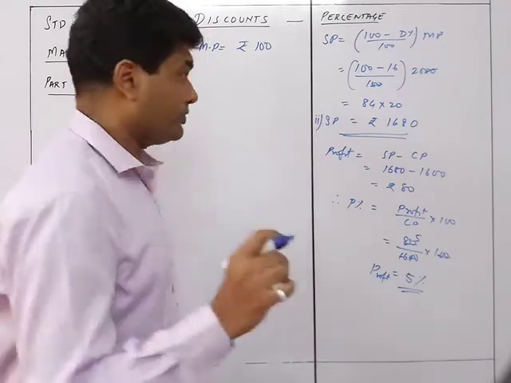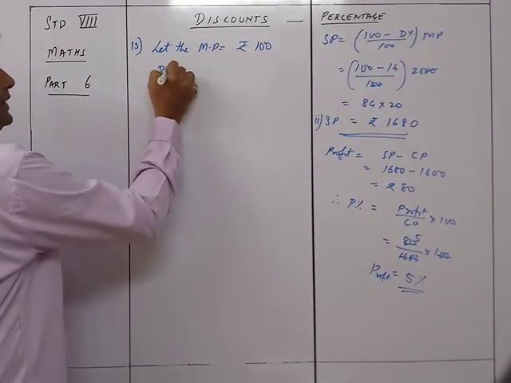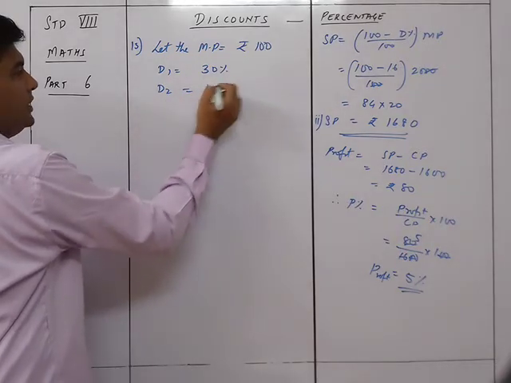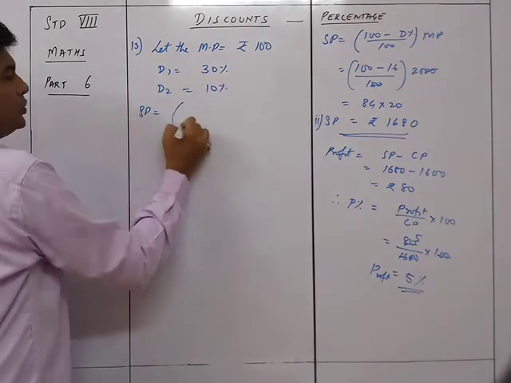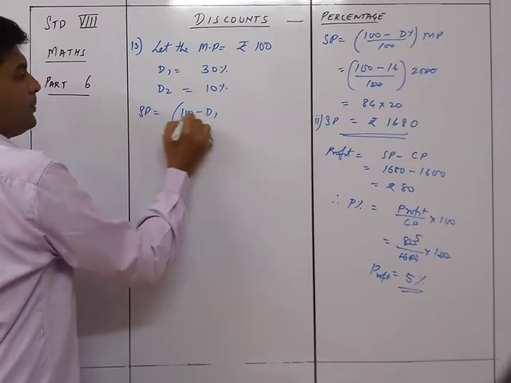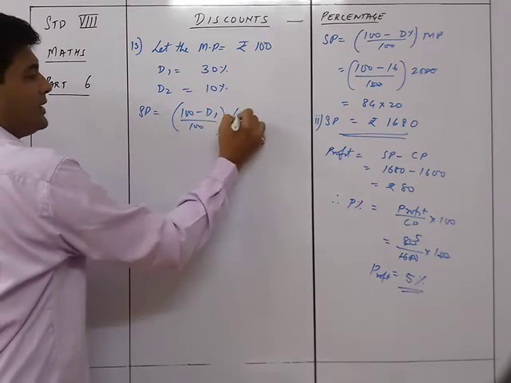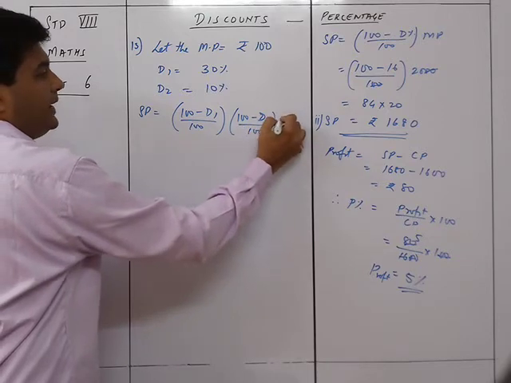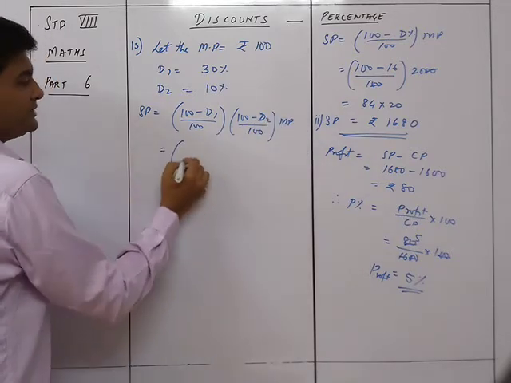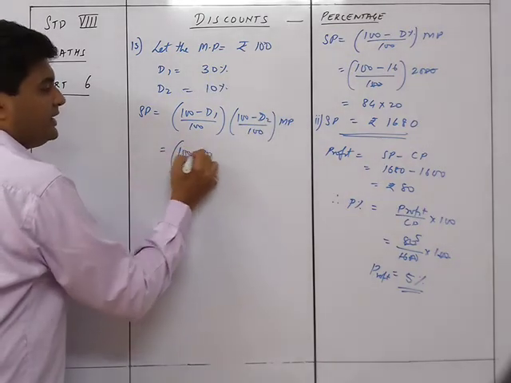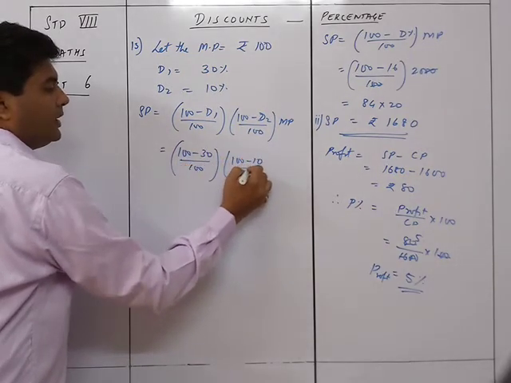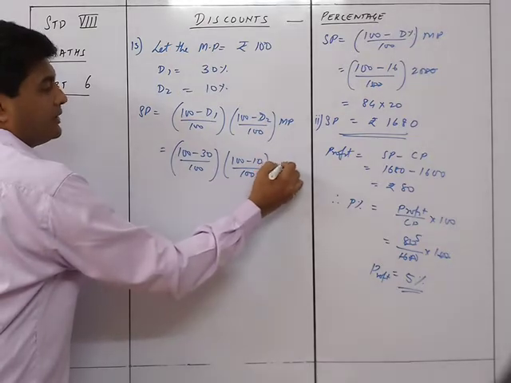So the discount you are going to come to know, and you get the single discount amount. So we will see here that D1 is equal to 30% and D2 is equal to 10%. Accordingly, SP is equal to 100 minus D1 upon 100 into 100 minus D2 upon 100 into MP. So that gives you 100 minus 30 upon 100, 100 minus 10 upon 100 into 100.